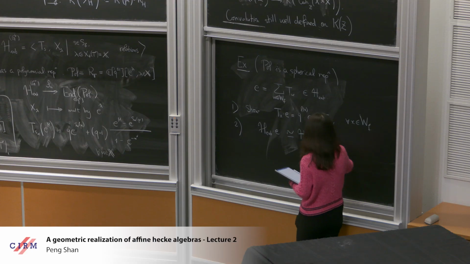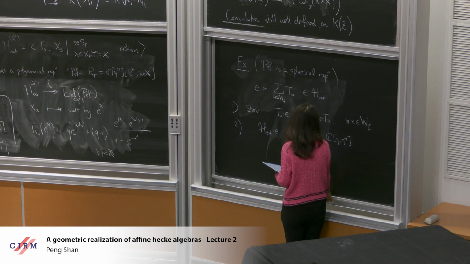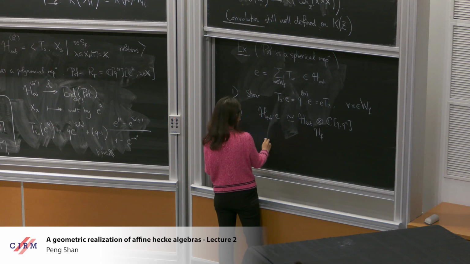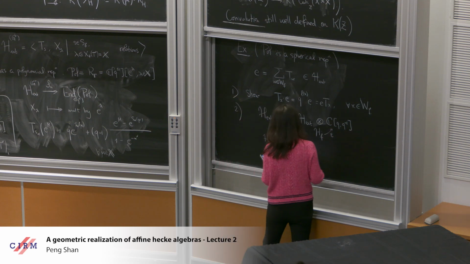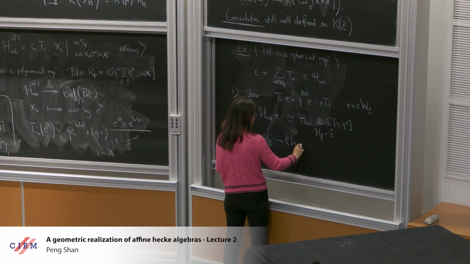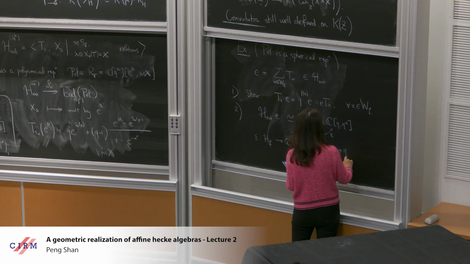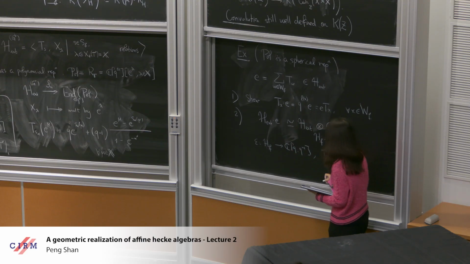And you define a character of this algebra on C_q inverse, where this action is given by H_F. So this is action by a morphism ε, and ε is defined by sending an element T_x to q to the power of l(x), the length of x. You check this is well defined.